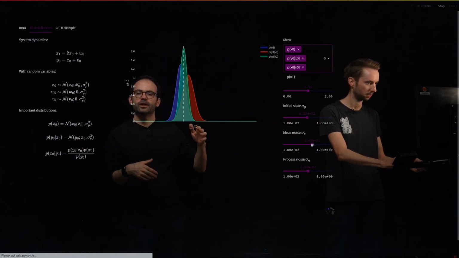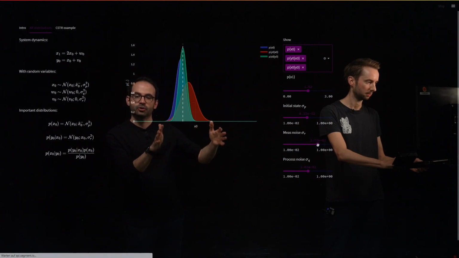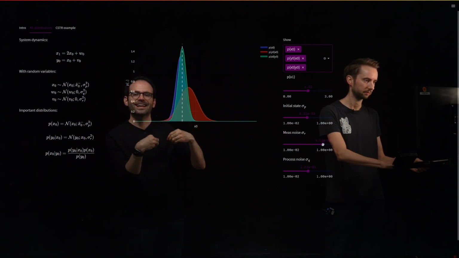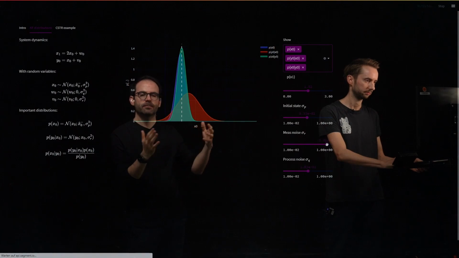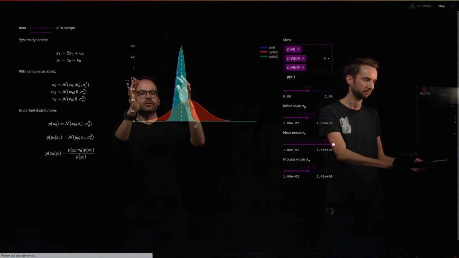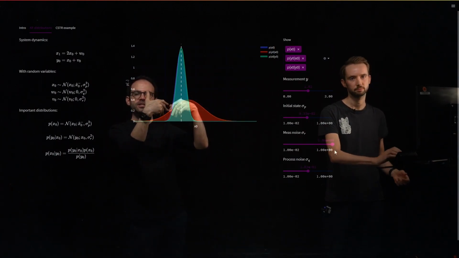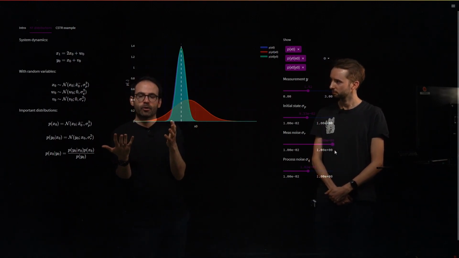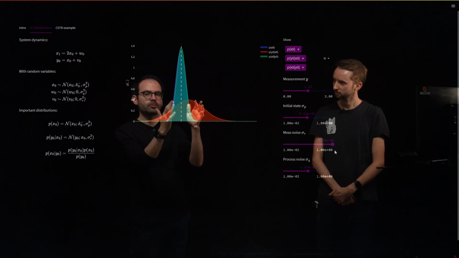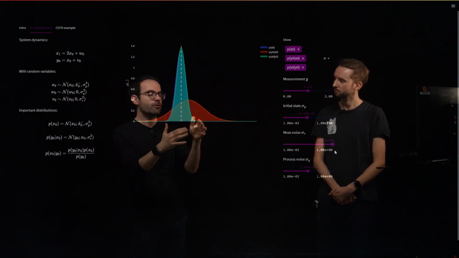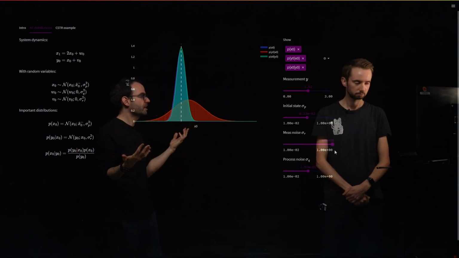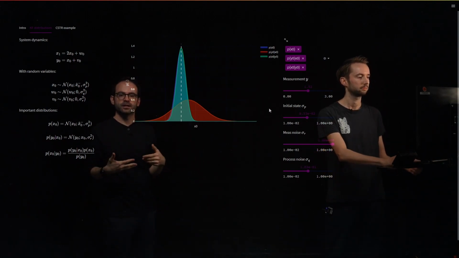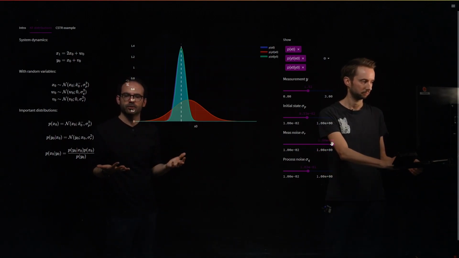So if we now increase the variance of the measurement noise, we are trusting our measurement less and less because it is a bad measurement. And you see that the posterior shifts, and now the posterior is basically the same as our prior. So we trust our prior information, because our measurement is very bad. Yeah, this makes sense. If you have a very bad measurement, then this is not telling you anything about the real state.